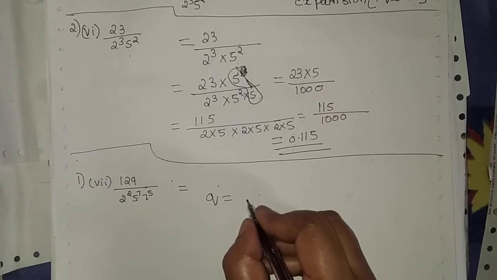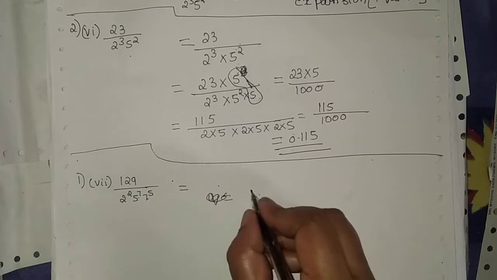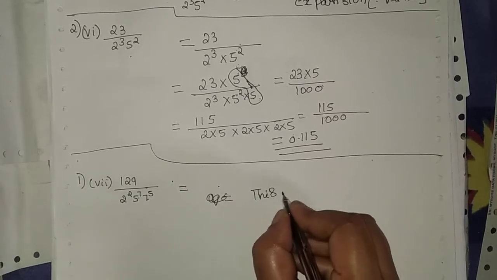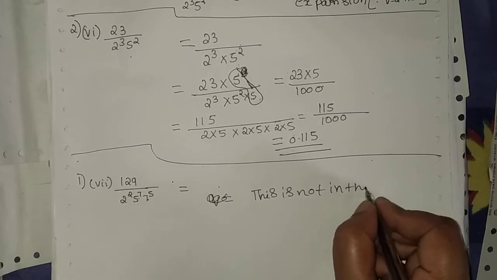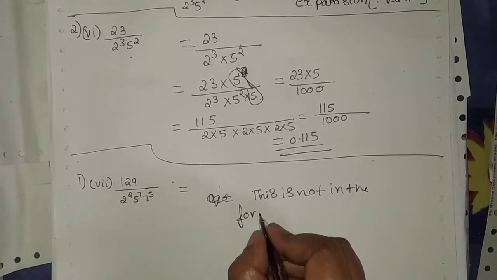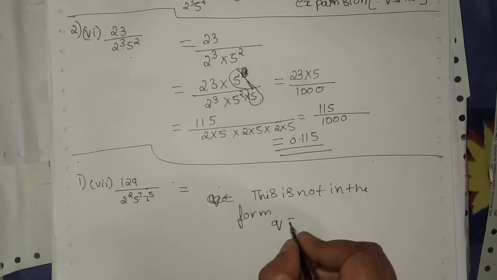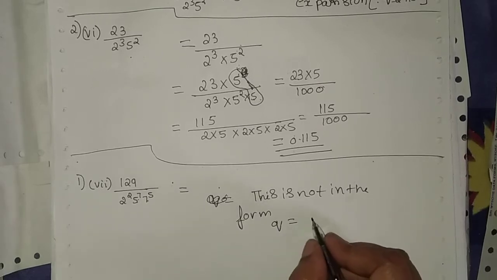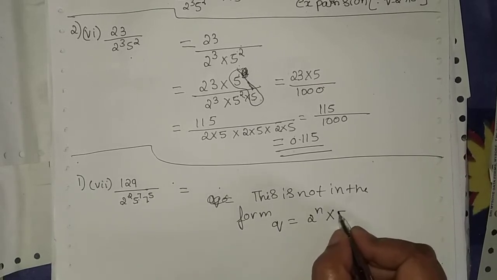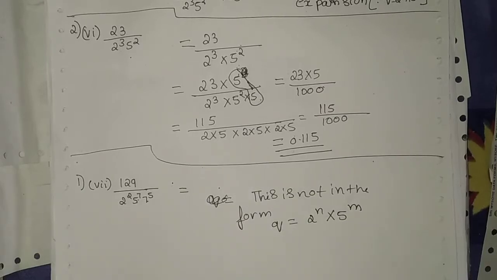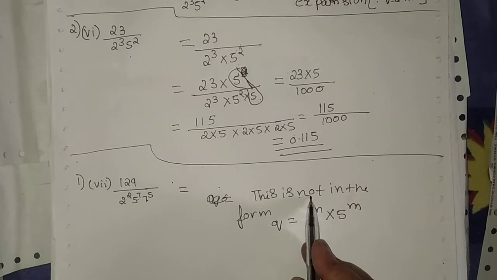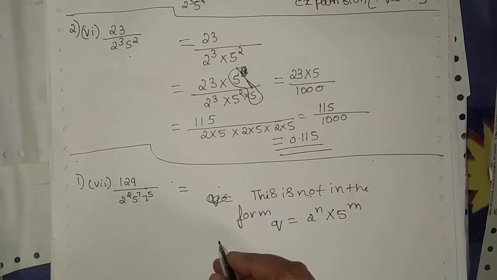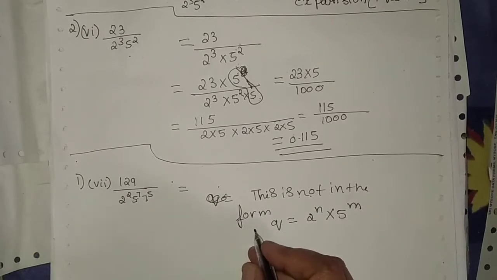Therefore I'll just write this is not in the form q is equal to 2 power n into 5 power m. So here only the first problem we have to solve, and just write that this is a non-terminating repeating expansion.